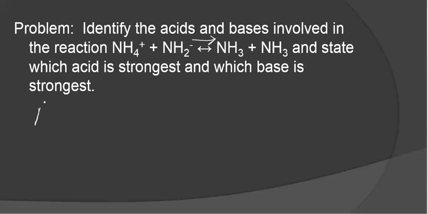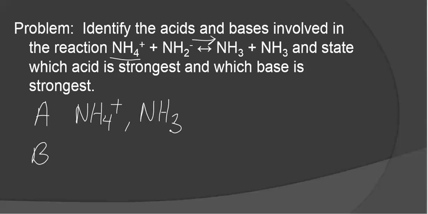Identify the acids and the bases. And there are two acids and two bases. Well, my acids lose a hydrogen. So what loses a hydrogen? NH4 plus loses a hydrogen from the left side to the right side. And then my conjugate acid would be one of the NH3s. Bases pick up a hydrogen, so NH2 minus gains a hydrogen from the left side to the right side.